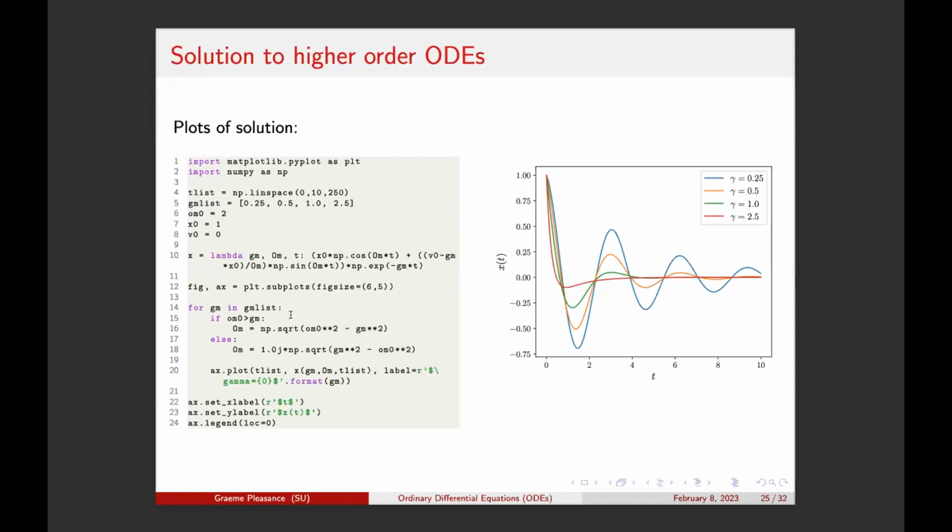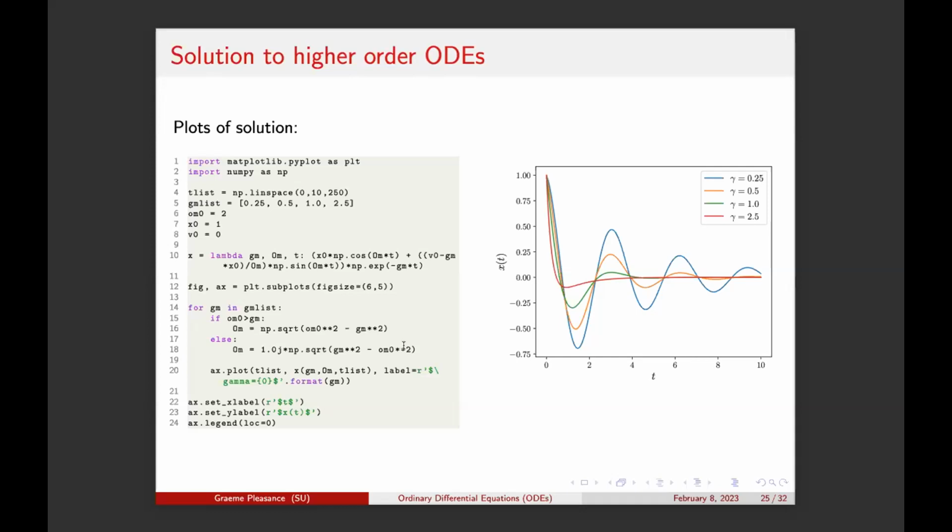So to avoid this, what I do in this for loop is check the condition of whether omega naught is greater than or less than gamma. In the case where omega naught is greater than gamma, so this is the underdamped regime, then we can just define omega naught in this way. In the case where this is pure imaginary, then we have to manually add this i constant, because, as I said, if you try to do this with the argument to np dot square root being negative, it just won't work.